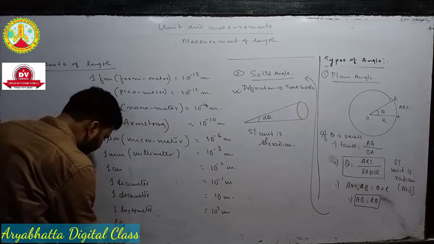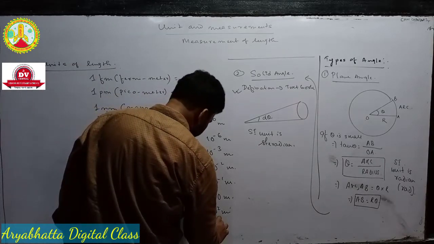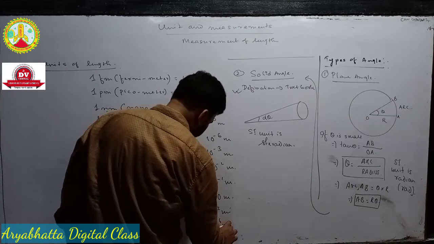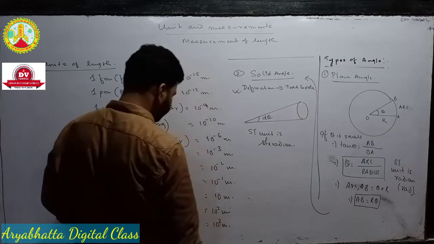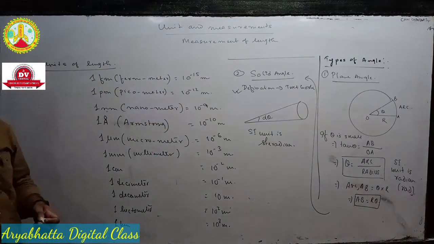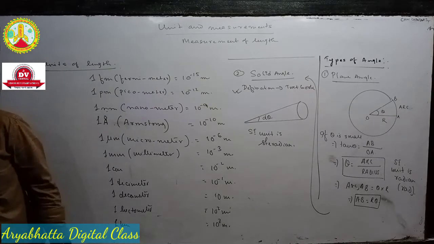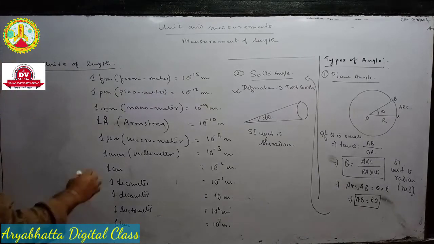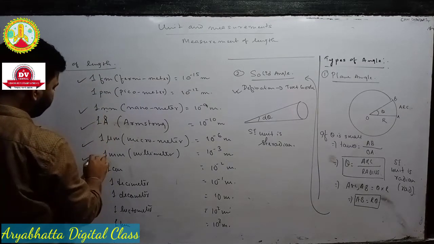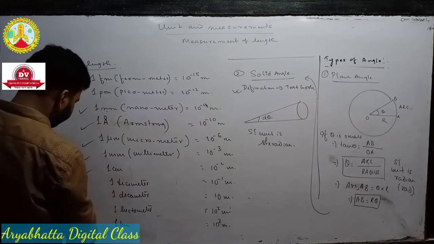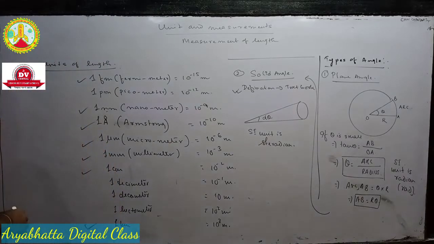Next one is 1 kilometer, sorry, it is 10 to the power 3. So these units we will use in our physics. Commonly we will use nano, Angstrom, micro, milli, centi and kilometer. They will be commonly used.